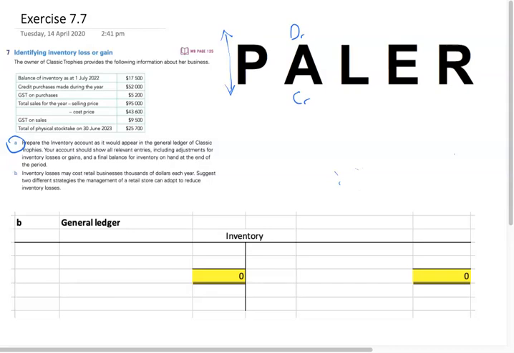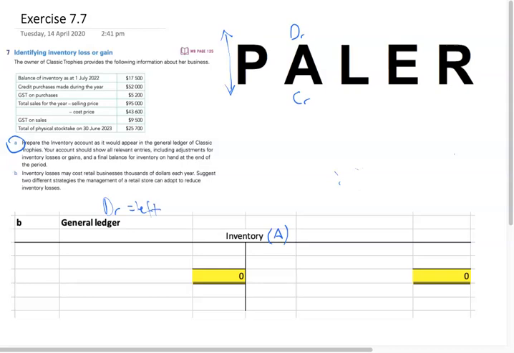And this is really important because we know in this question the general ledger is inventory, and we know inventory is an asset. So if we find an increase to inventory in this information, we're going to do a debit, and we know that debits equal the left-hand side, debits equal left.